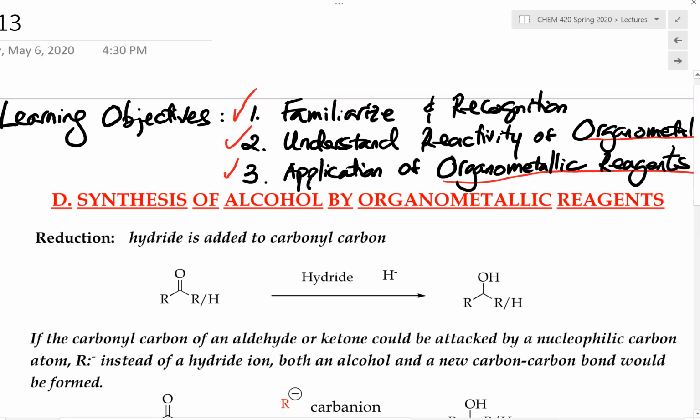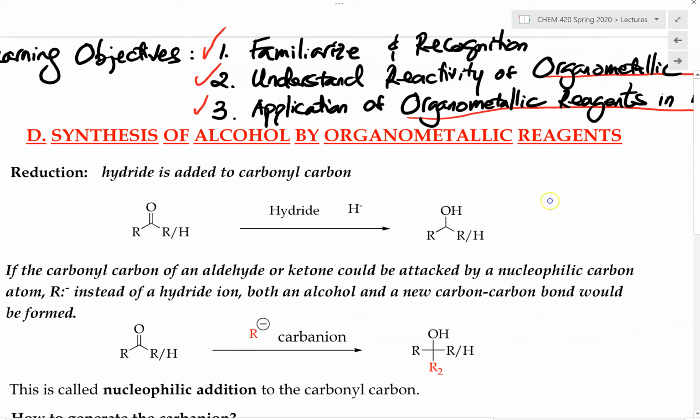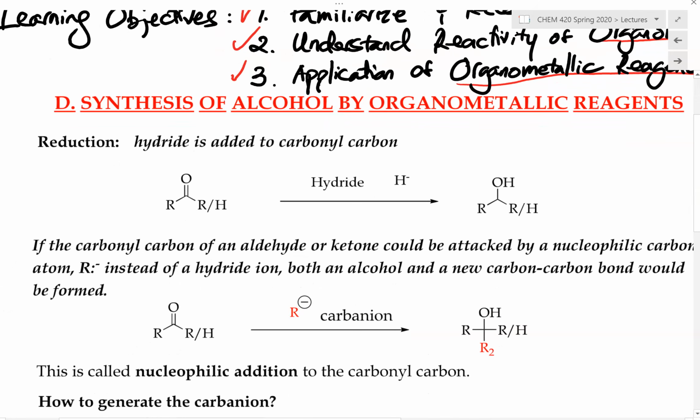And now let's go over the chemical reactivity of the organometallic reagent. The chemical reactivity is very similar to the reaction of the hydride. In the previous lecture, when we discussed reduction reactions, we saw that a reduction reaction is whenever we have a hydride that is added to the carbonyl carbon.